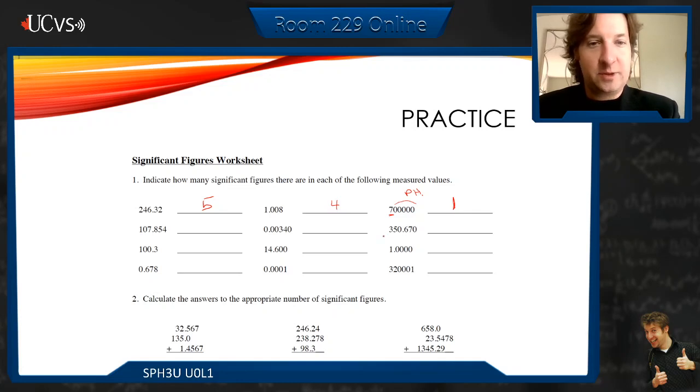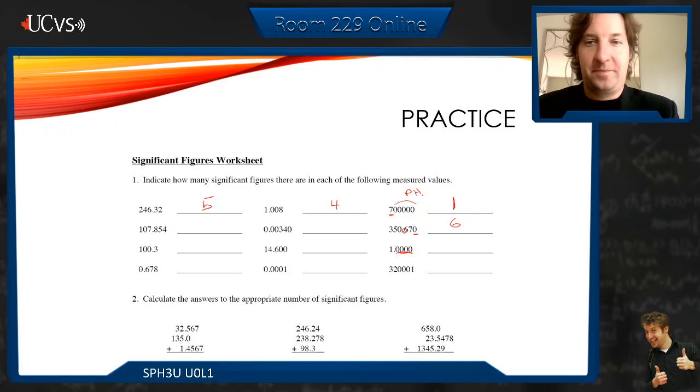But let's say this one here, 305.670. This 0 on the end looks like a placeholder here, but it's after a decimal. So that one does matter. So this has 6 significant digits. Same thing with 1.0000. This is telling us that we know precisely that all of these numbers after the decimal are 0.